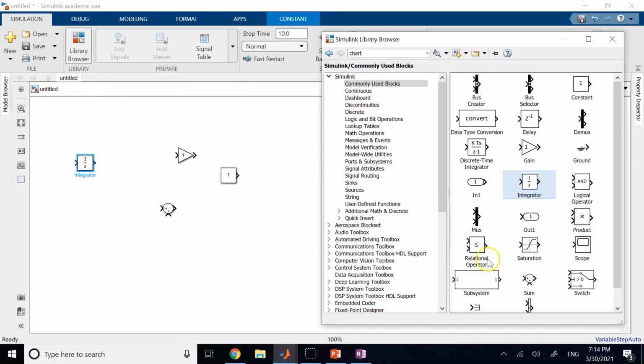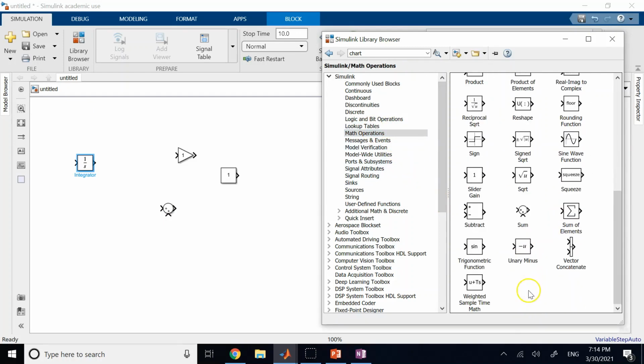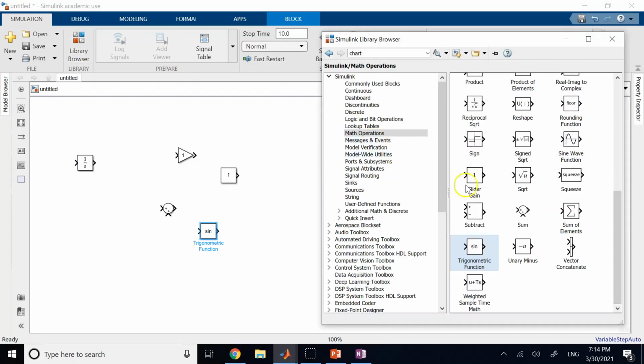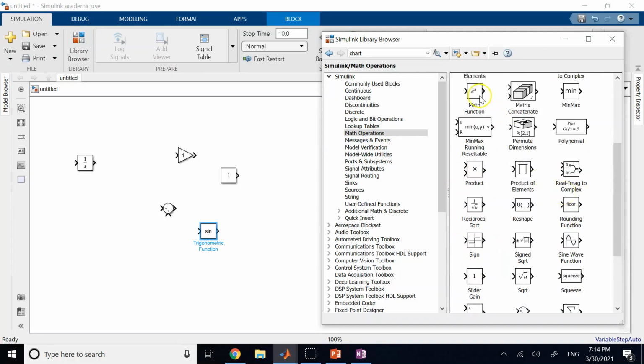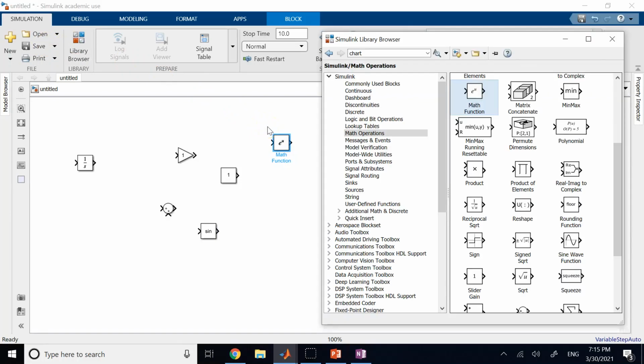I need the trigonometry function, so I go under math operation and bring it. Then I need to square something, so I can bring in the square function, which is not a specific function here, but you can get it under math function.